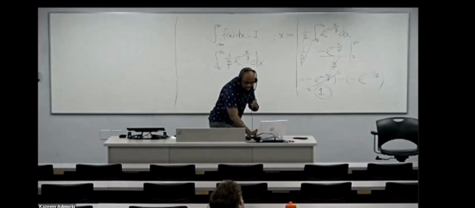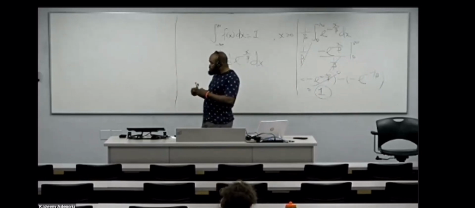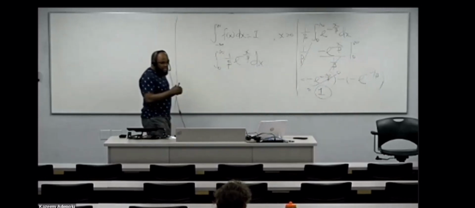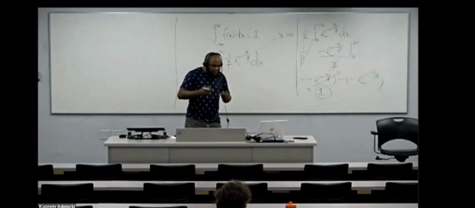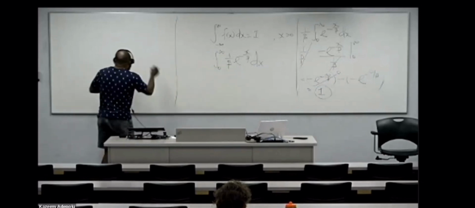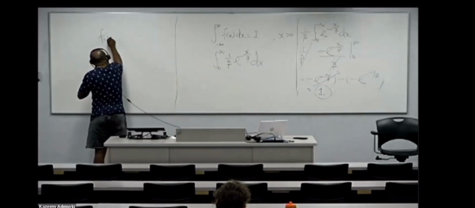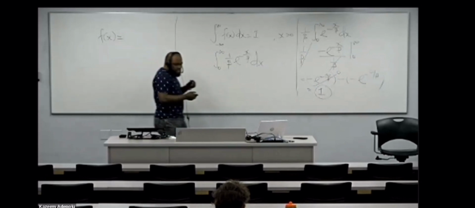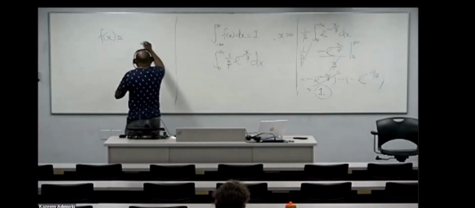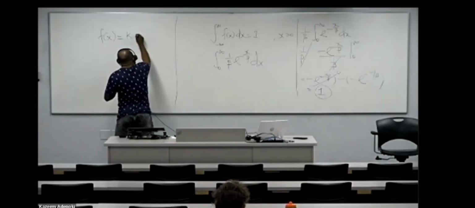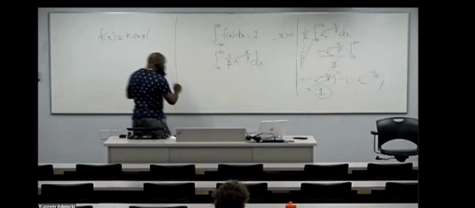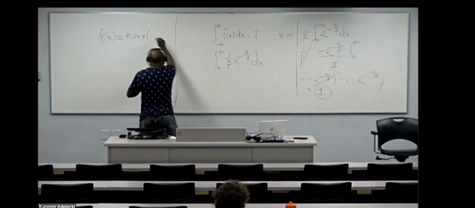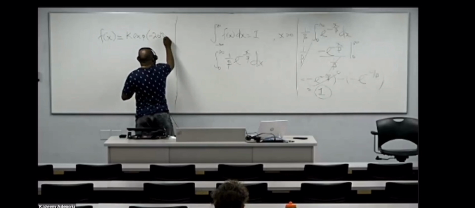Now, take a look at the example I was referring to the other time. They gave you f of s, and f of s was equal to k times exp of negative 2013 x.